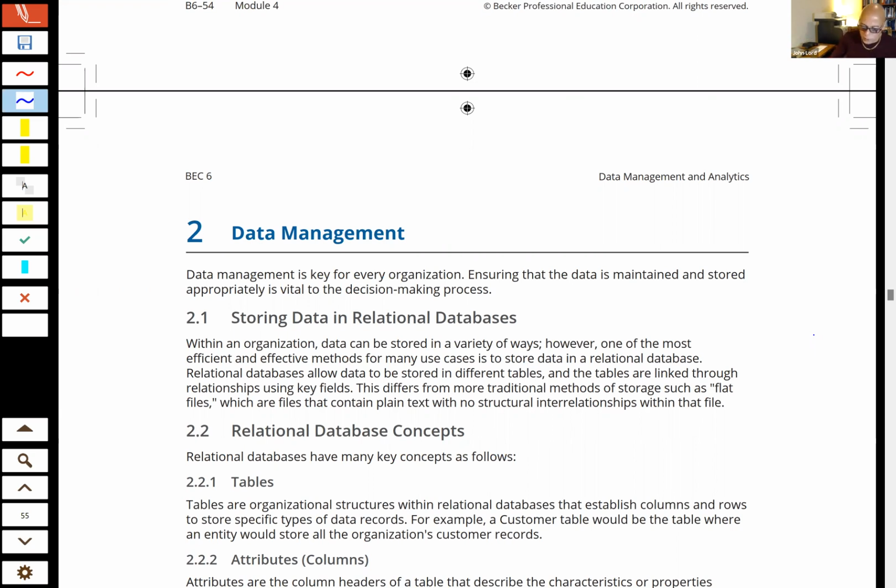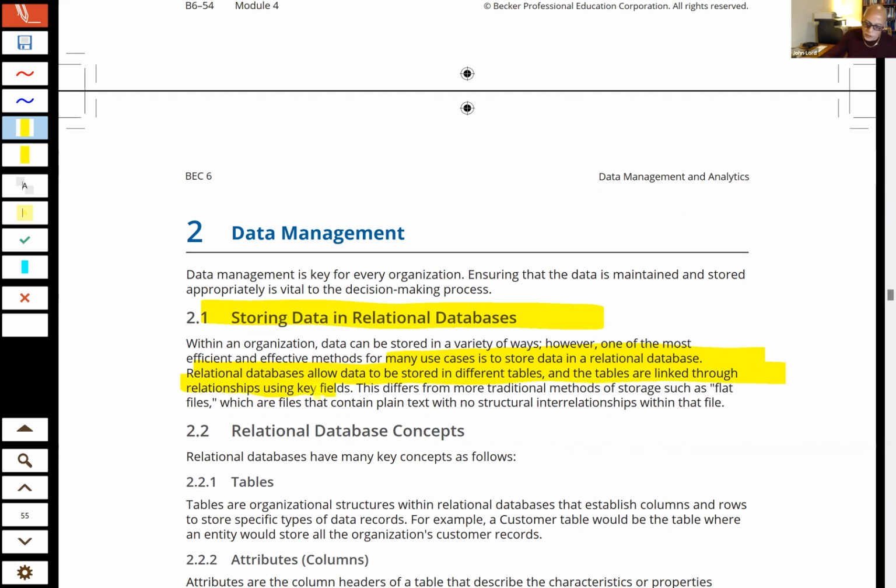That's what we're going to be looking at here. We store data in relational databases, which allows data to be stored in different tables, and the tables are linked through relationships using field keys.